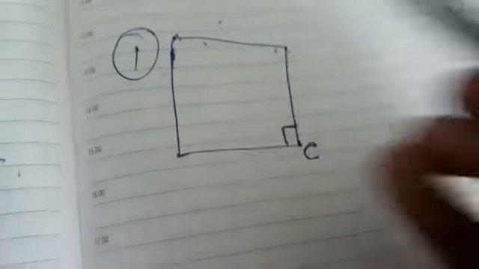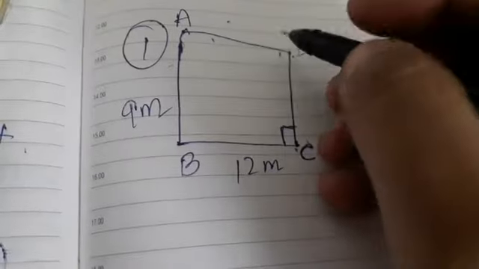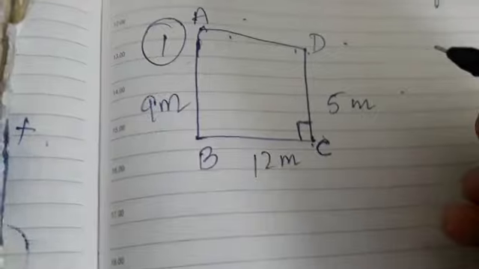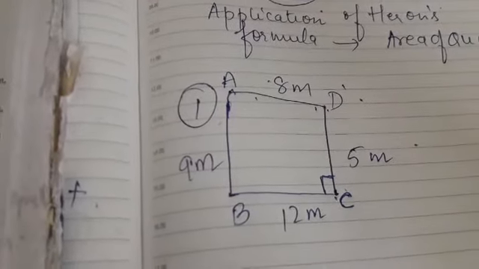Okay, so I'll join this, and this is A, B, C and D. Now angle C is 90 degrees, AB is 9, BC 12, CD 5 and AD 8. These are the four sides given, and one more condition is given, that angle C is a right angle. We have to find the area of this quadrilateral.